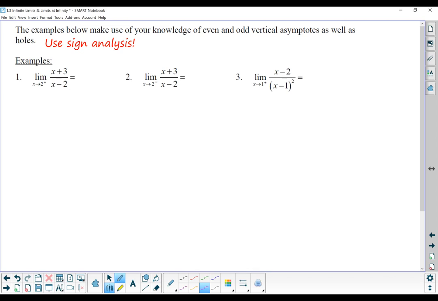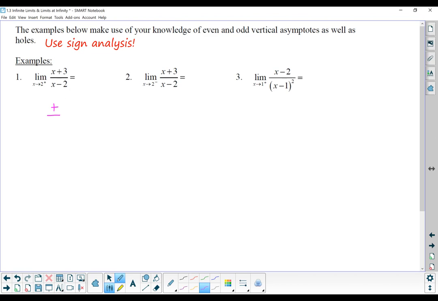So instead, we're going to do a sign analysis. Sign analysis means we're just going to think about whether the numerator and denominator are going to be positive or negative. If I substitute a number just to the right of 2, like maybe 2.01, it doesn't matter the particular number, the numerator will be a number a little bit bigger than 2 plus 3.